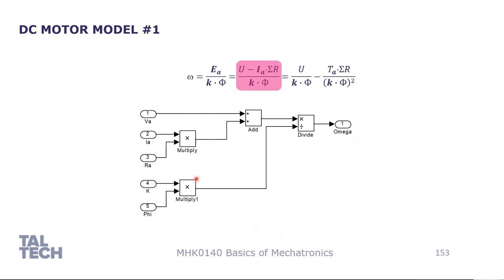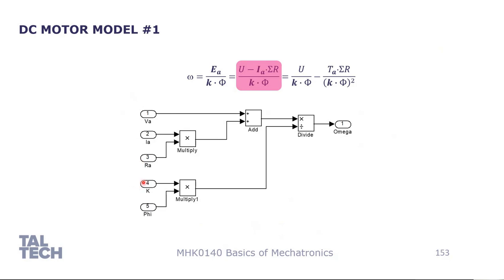The construction gain and the flux are multiplied here, and we are dividing the sum of this upper part by the bottom part, and we are getting omega. By having this model in MATLAB Simulink, we will get the result. So we can calculate the angular velocity for different values of the voltage, current, and armature resistance.